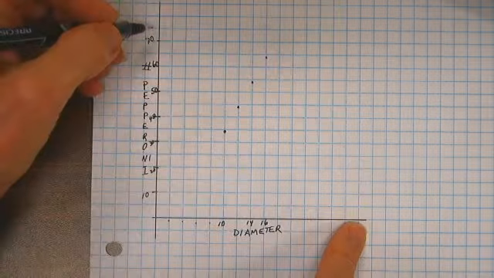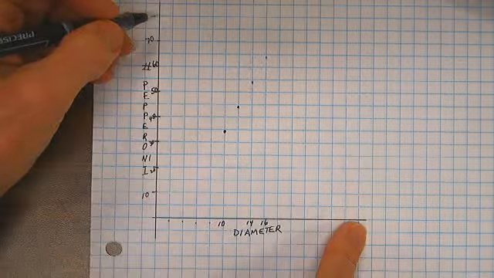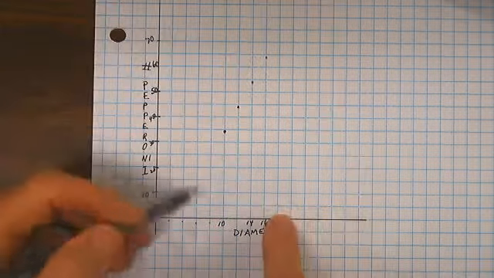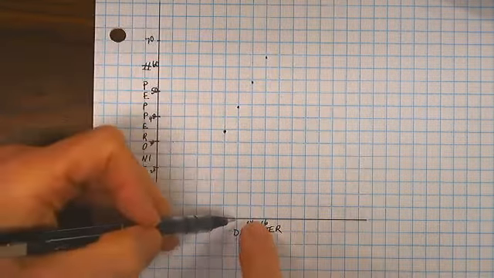The number of pepperoni on the y-axis as the dependent variable. 10 and 34, 12 and 44, 14 and 54, 16 and 64.